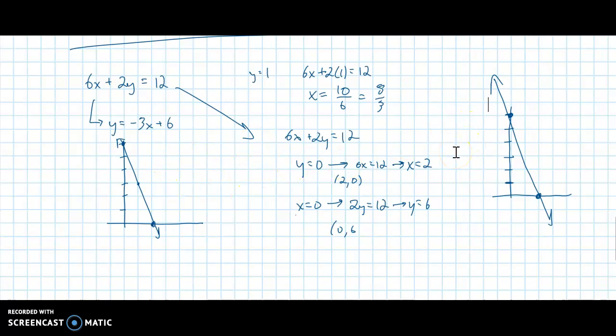So, how do we get a plane? Well, if this gives me a line, if we add a z component, then we get a plane.